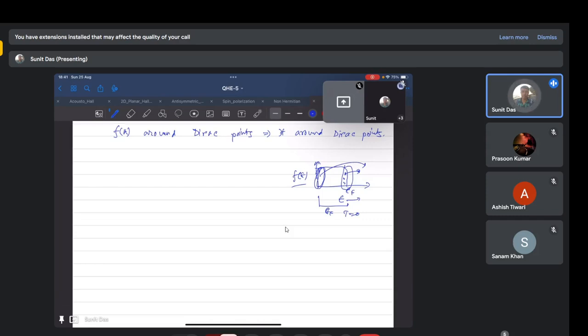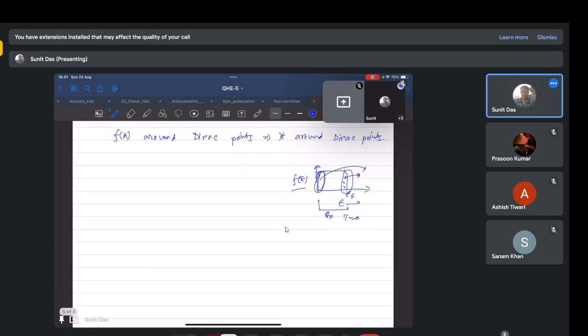But around the Fermi energy there is a strip, and these electrons are very susceptible to conduct because they need a very small amount of excitation and they will start moving and conduct electricity. So in condensed matter physics, the electrons around the Fermi energy are the most interesting in the context of transport.